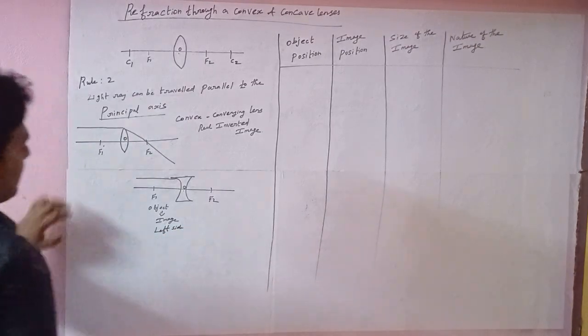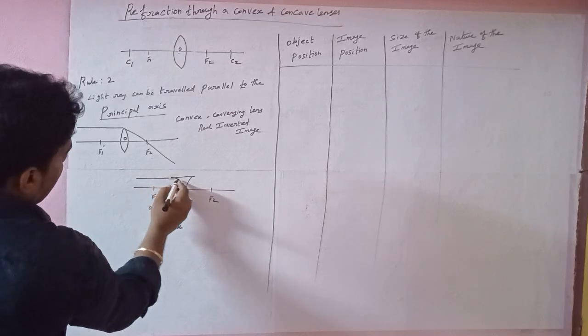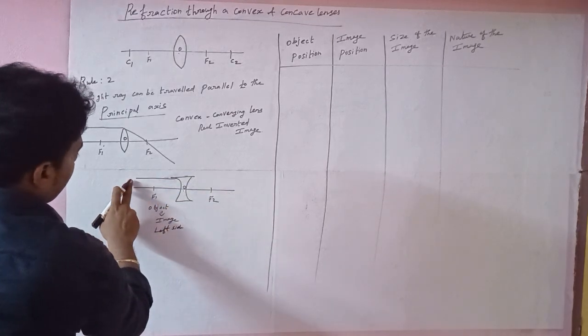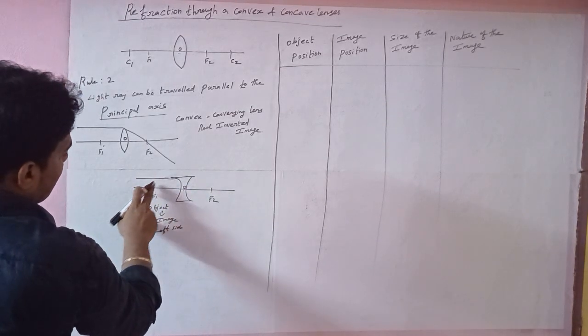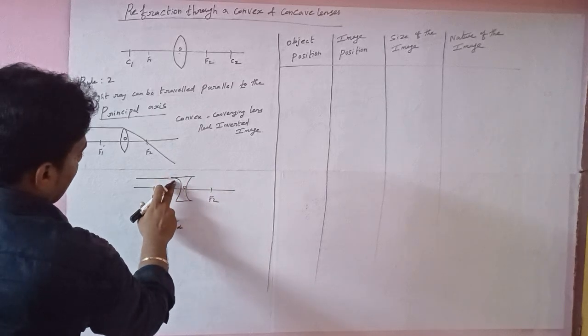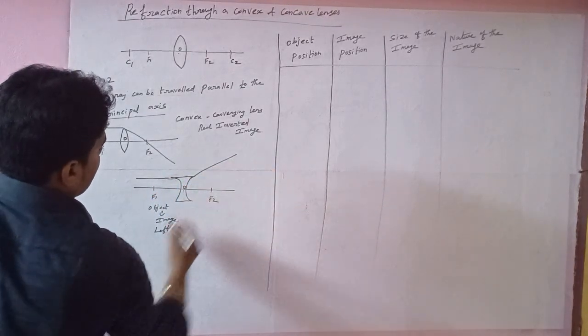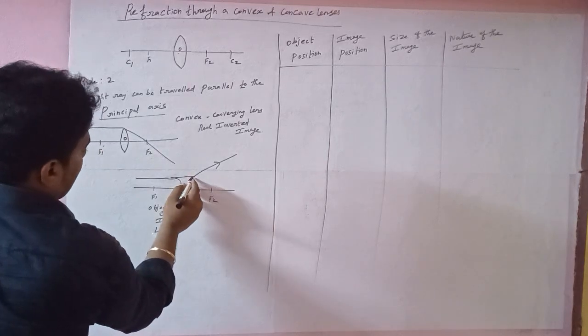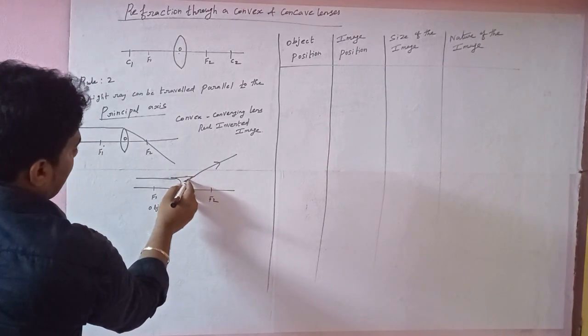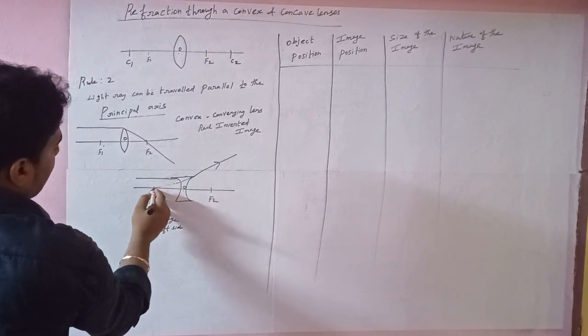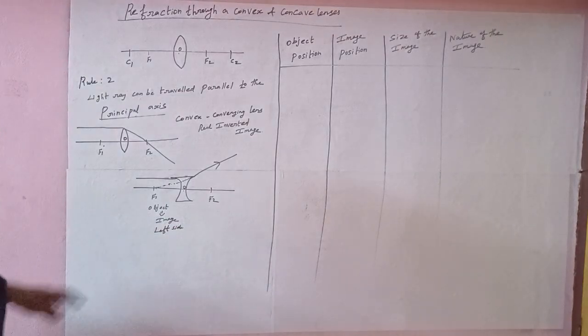Can you understand? The light ray will fall on the concave lens, but it will be diverging, and the diverging light ray will appear to converge at F1, because it bounces back into the same side.